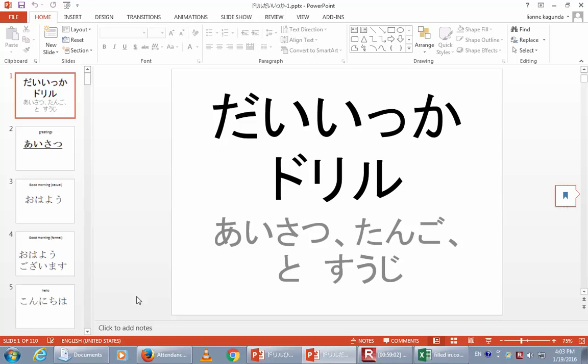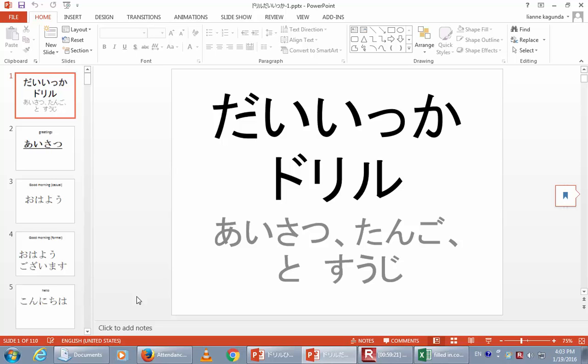Nihongo. Yes, good. 10時. Ten is ju. Ji is the clock, right? O'clock. So 10時, 10 o'clock.